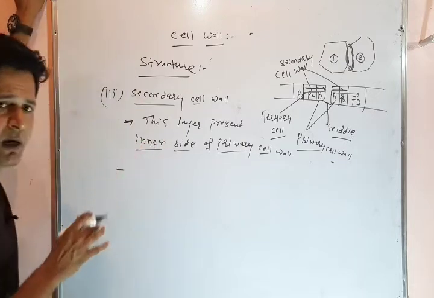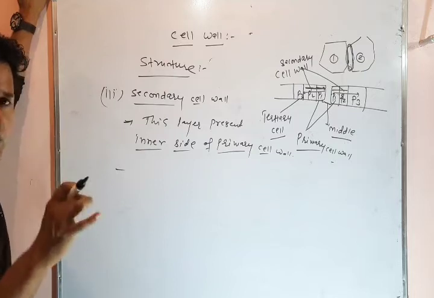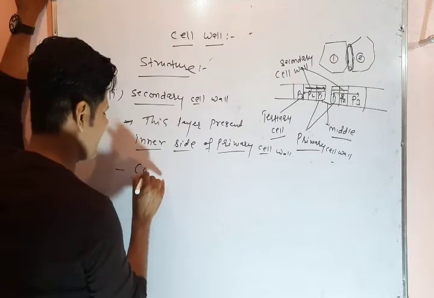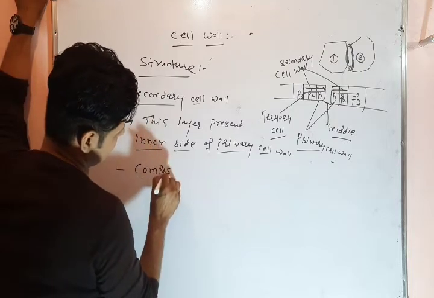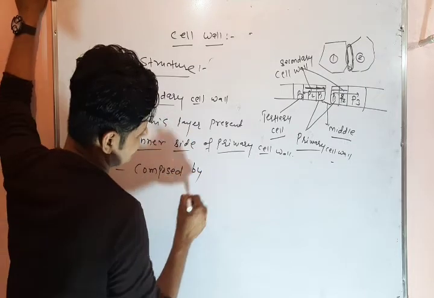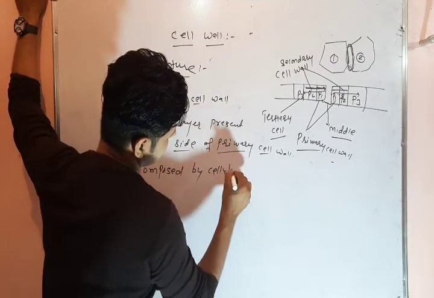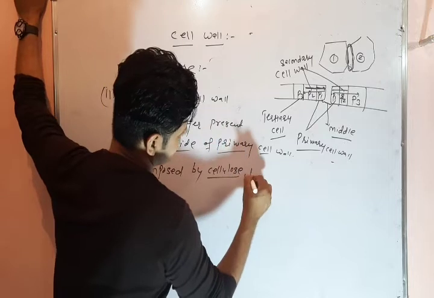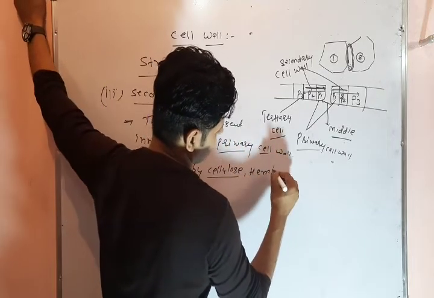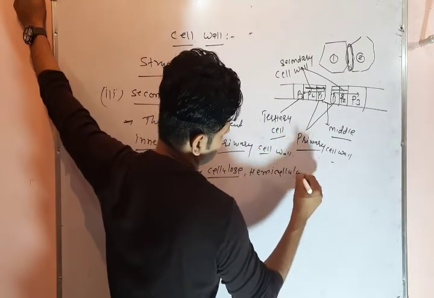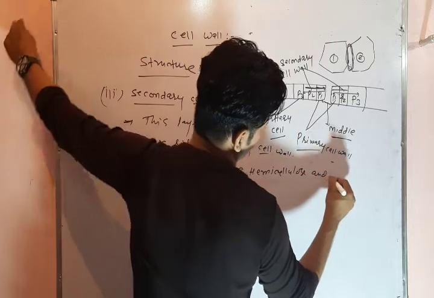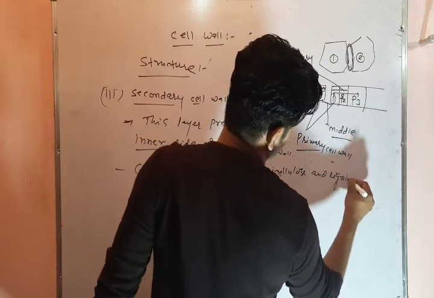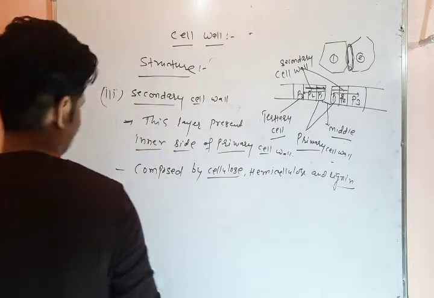It is composed of cellulose, hemicellulose and lignin. So we can write that it is composed of cellulose, hemicellulose and lignin.